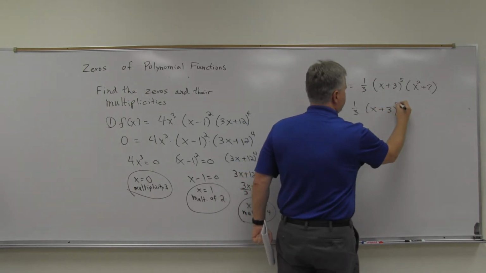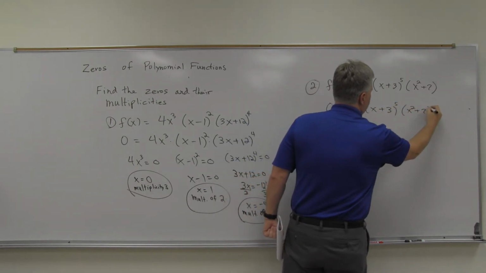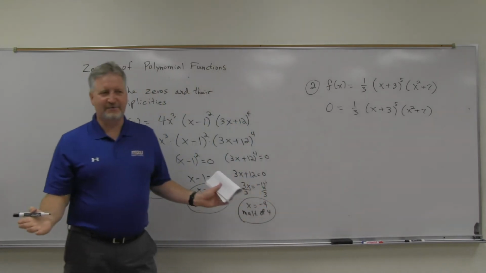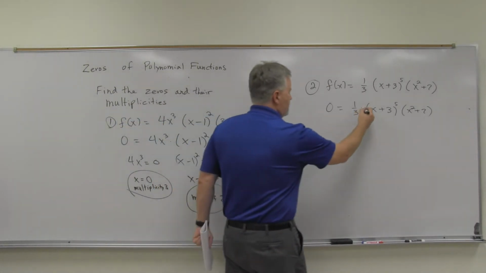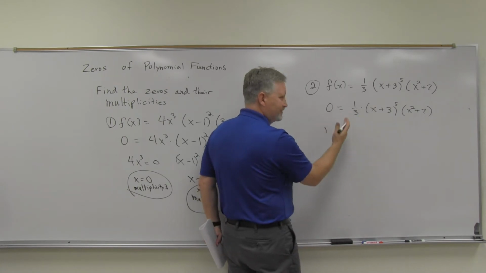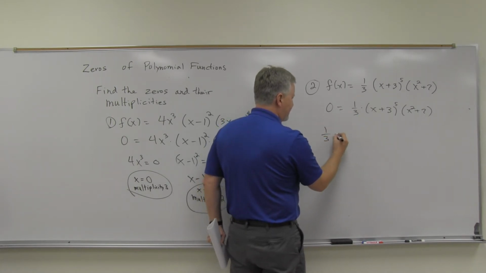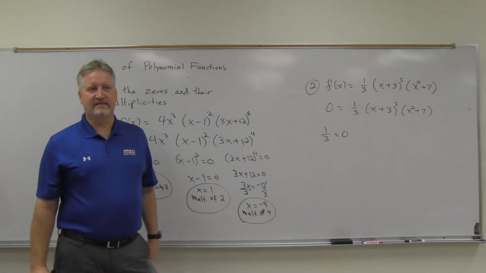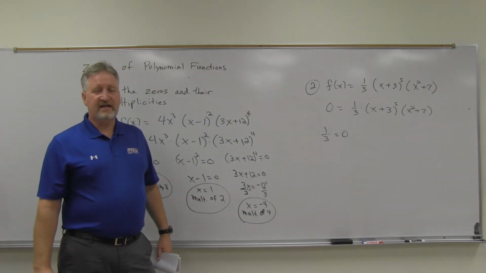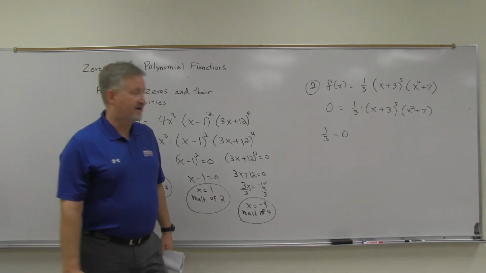It's already factored. The first reason I mentioned this one is, what about that 1/3 there? Well, if you want to be technical, we can set it equal to 0, but does that make any sense? No. It doesn't have an x with it. So 1/3 cannot equal 0.